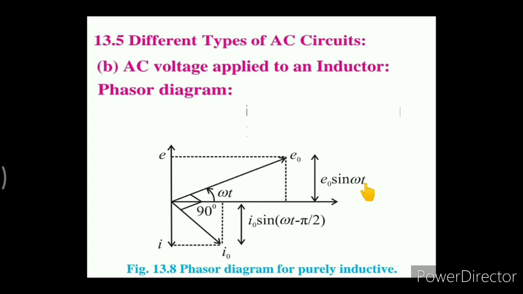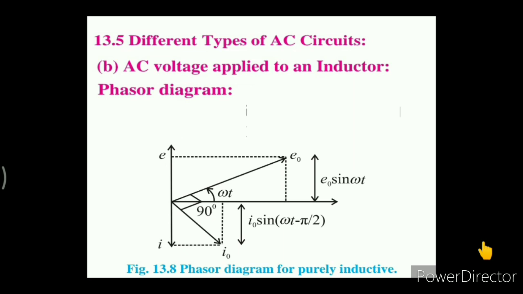But the current, which lags behind the EMF by pi by 2, so here we have to rotate the maximum value, which makes an angle omega t, in the clockwise direction by 90 degrees, and hence the vertical axis represents the instantaneous value of current, that is I equal to I0 sin(omega t minus pi by 2).